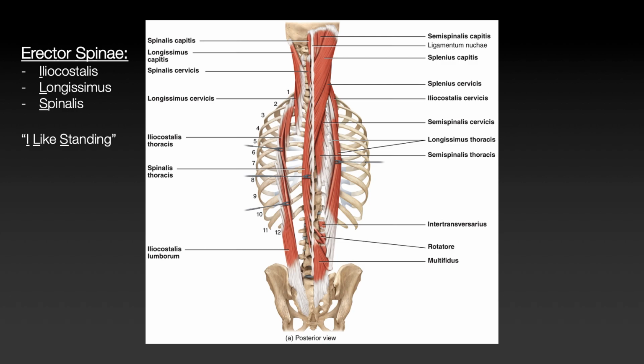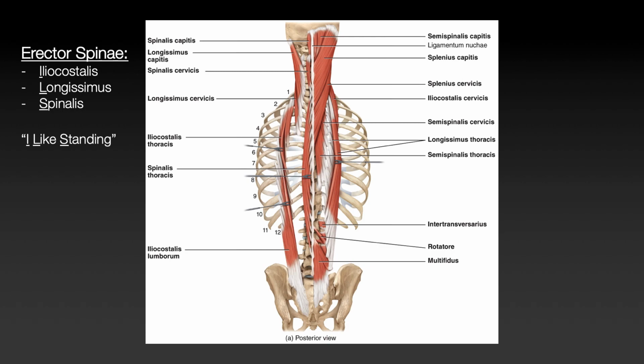From lateral to medial, I like standing. The three muscles that make up the erector spinae are iliocostalis, longissimus, and spinalis. And depending on where you are vertically, they have different suffixes.